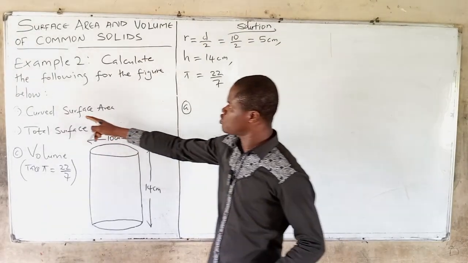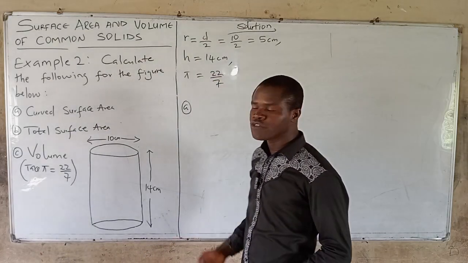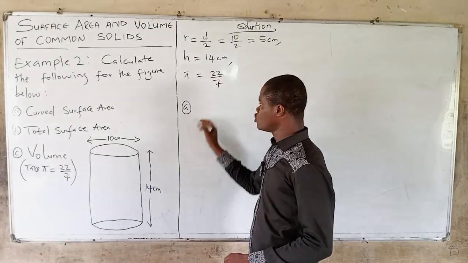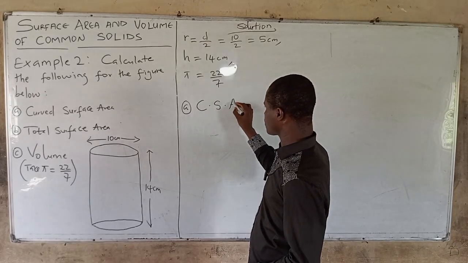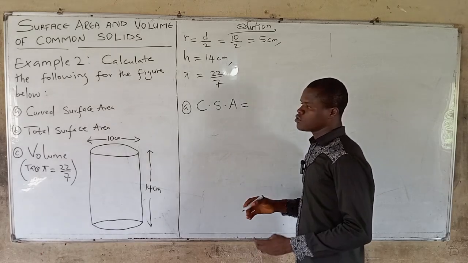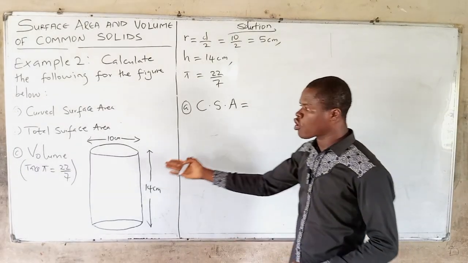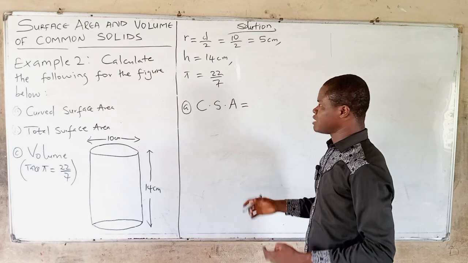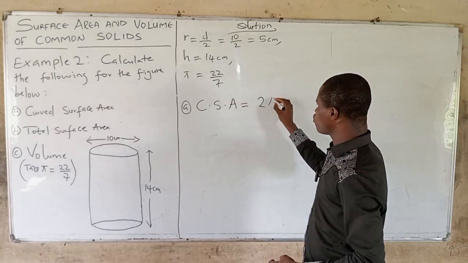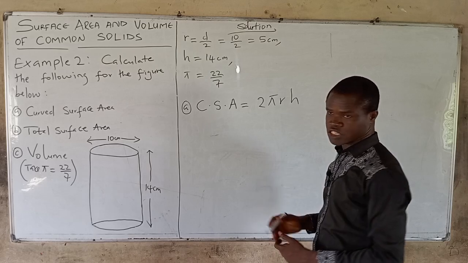So in the first question, we are asked to calculate the curved surface area of this figure. What is the formula for the curved surface area? From the beginning of this video, I showed you that it is equal to 2 pi r h.